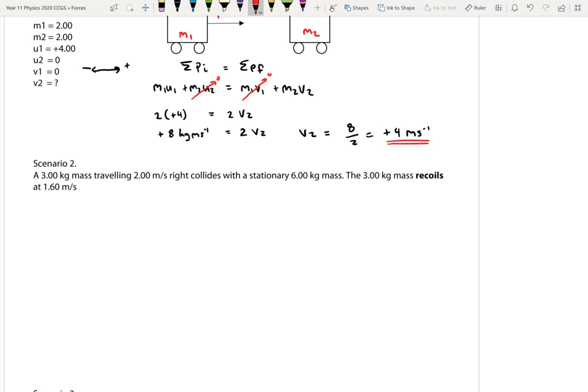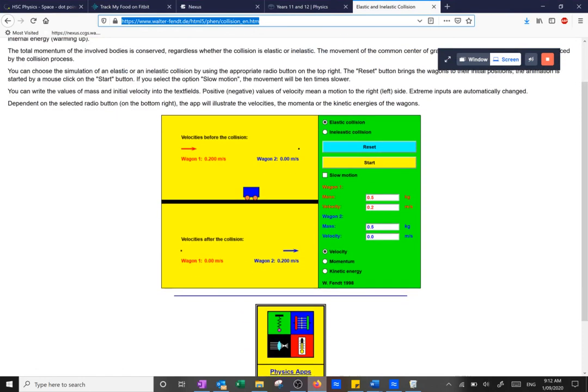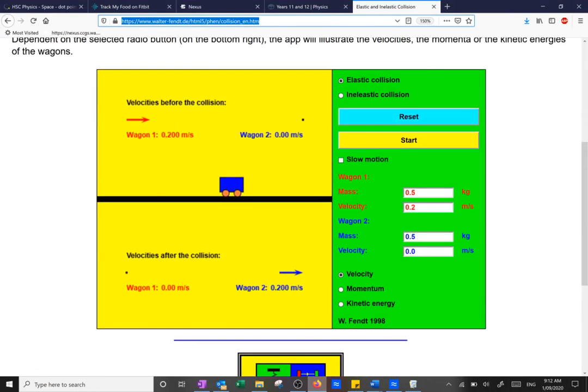Okay? I have got a simulation loaded up, knowing well that Logger Pro was not going to work. The link of this applet is on the OneNote. You can vary all of the initial conditions. You can look at the velocities, you can look at momentum, things like that. So in this example, we've got a cart coming in at 0.2.